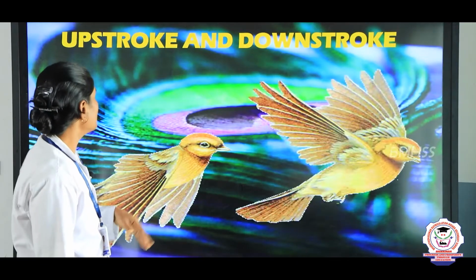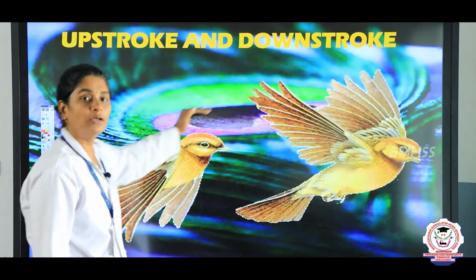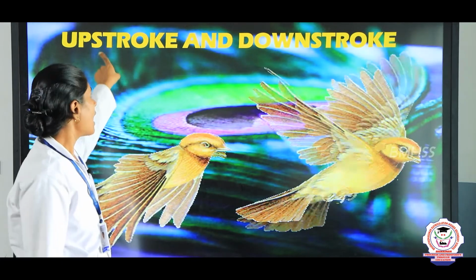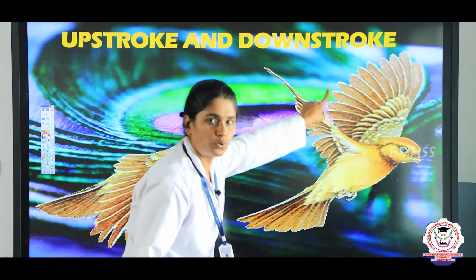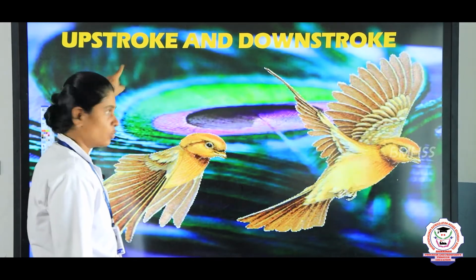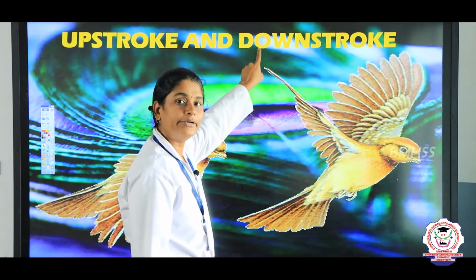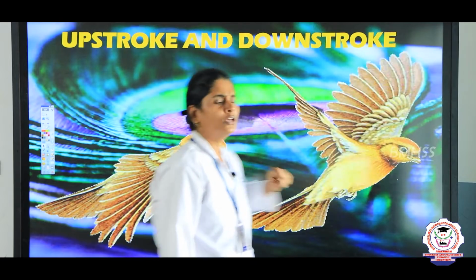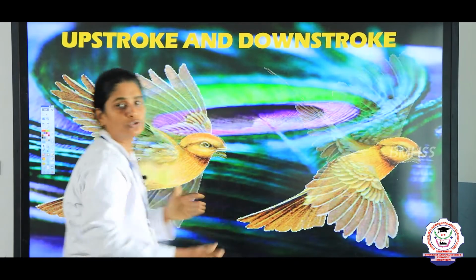You can see here the movement of the birds. It can be divided into 2 types. One is upstroke, the other one is downstroke. U-P-S-T-R-O-K-E, upstroke, and the next one is downstroke, D-O-W-N-S-T-R-O-K-E. So what are this upstroke and downstroke movements?